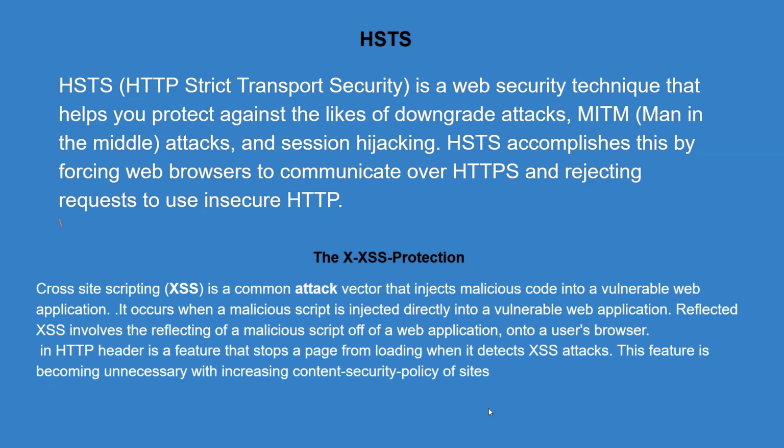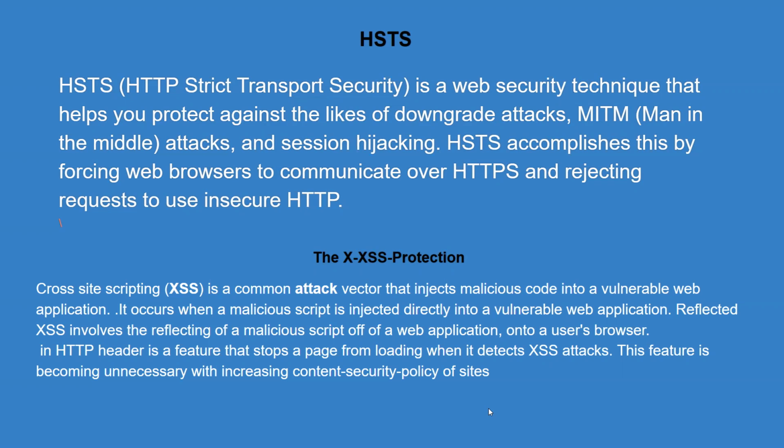The cross-site scripting protection. Cross-site scripting is a common attack vector that injects malicious code in a vulnerable web application. It occurs when a malicious script is injected directly into a vulnerable web application.